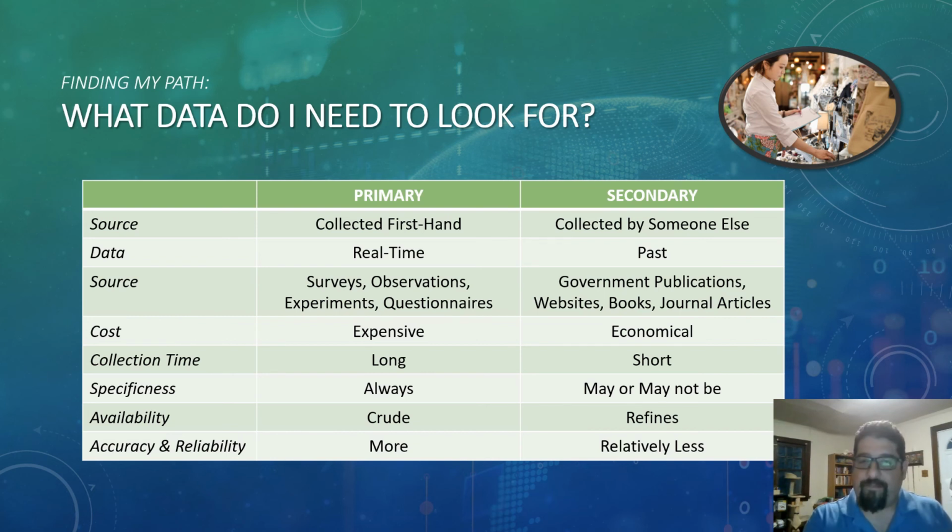The primary sources are going to be very crude and not refined, and the secondary sources are going to be able to refine them down to a lot better detail. And primary sources are going to be very accurate to what we're looking for and very reliable because it's exactly what we need, whereas a secondary source might not be. I mean, they're going to be wonderful, but they might not be.